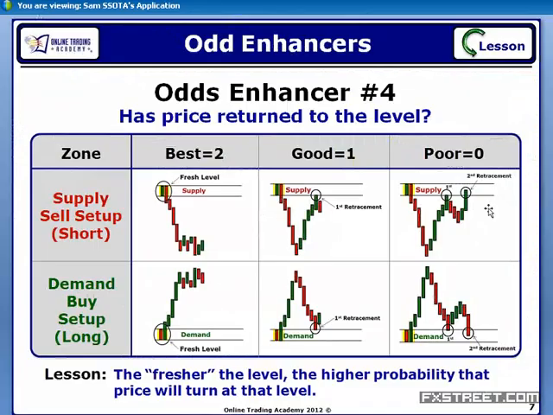All right, let's move on to the next odds enhancer. Right here. Hold on a second. Let me just go back to that screen.